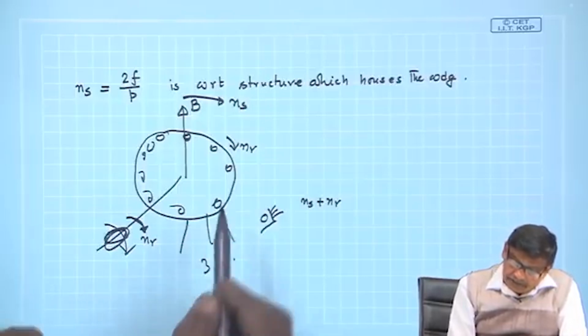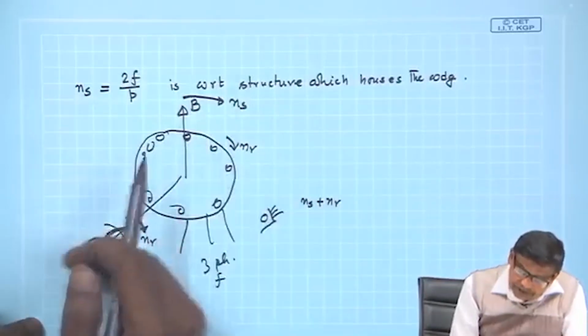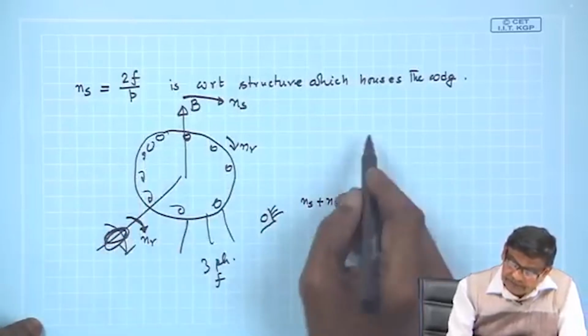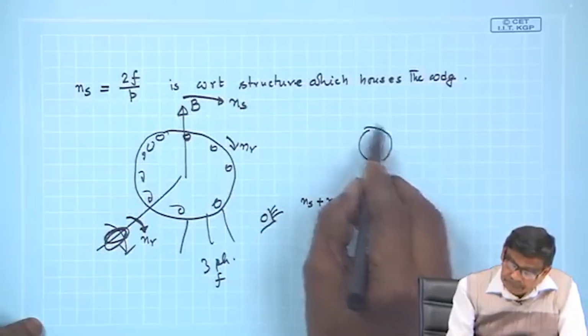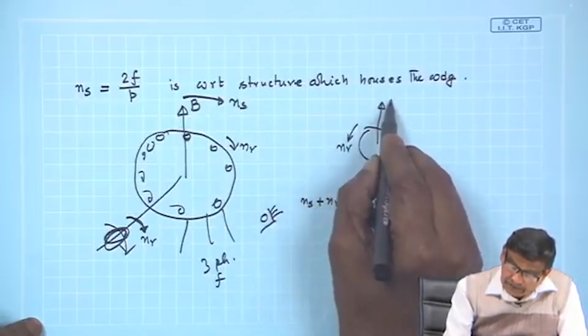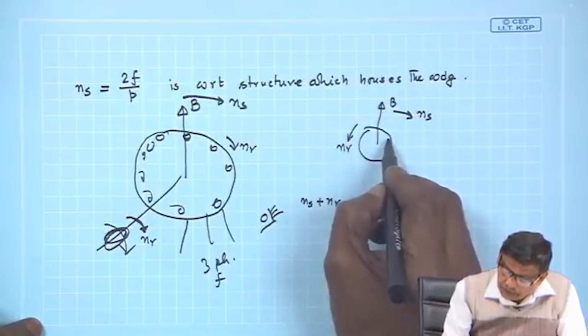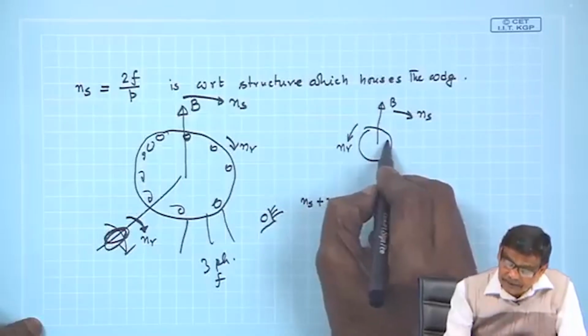Similarly, if this rotor is moved in the opposite direction, this way Nr, and this is your field which is moving already in Ns with respect to the rotor.